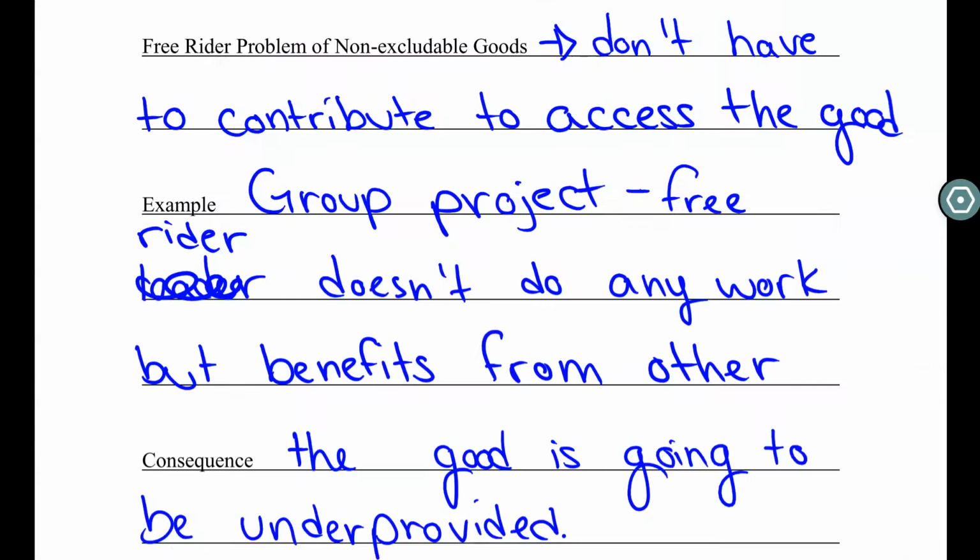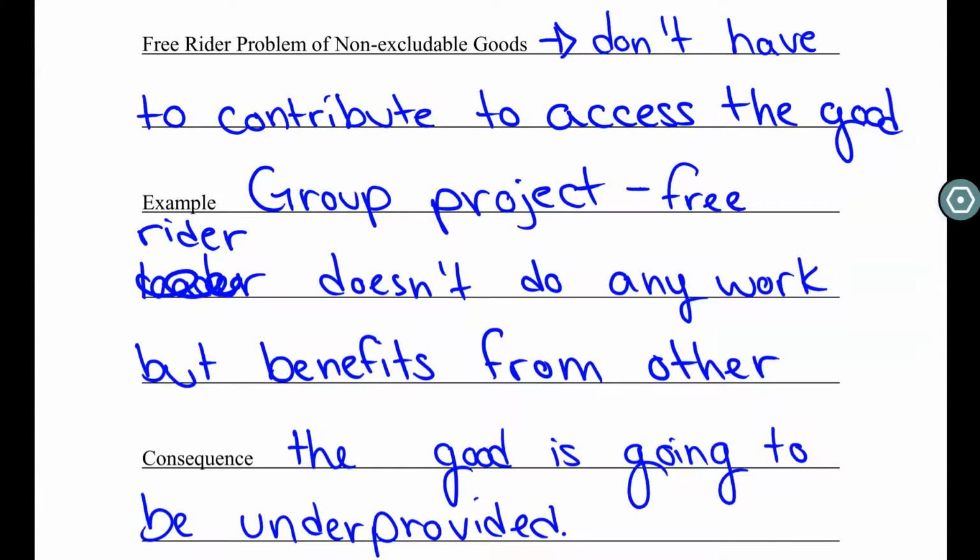All right, so we do have some problems that arise with these different types of goods. One problem is the free rider problem if it's a non-excludable good. So if you don't have to contribute or pay anything to access the good, then there's going to be a problem where some people don't contribute anything and they just use it. The free rider problem frequently comes up when we have a group project.